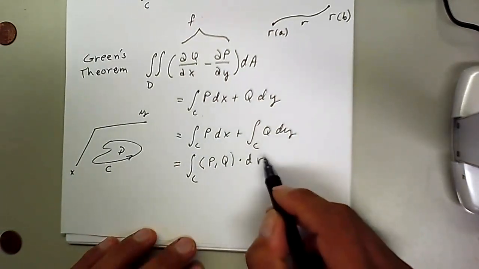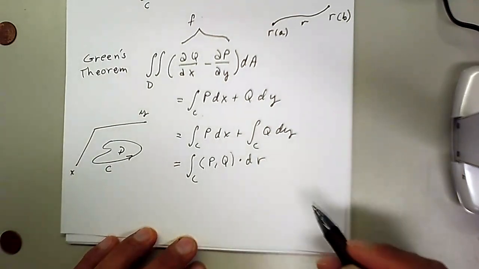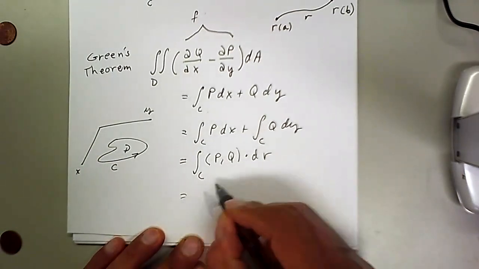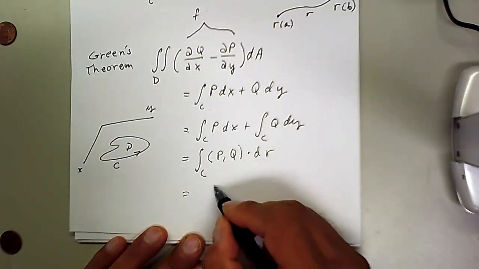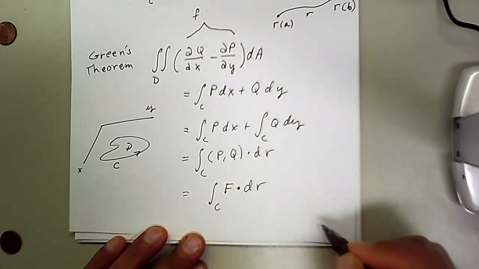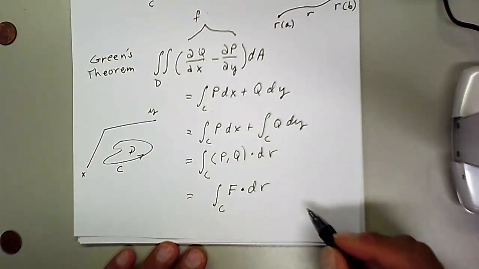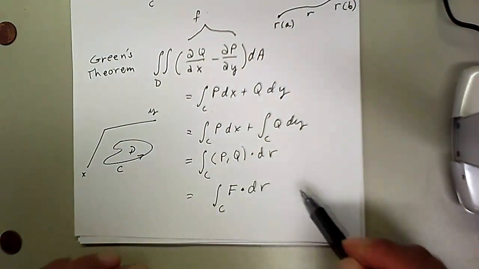And we're doing the dot product. The dot product, you multiply P dx and Q dy. And if we label this as F, then we really have a regular line integral of a vector field over a path.